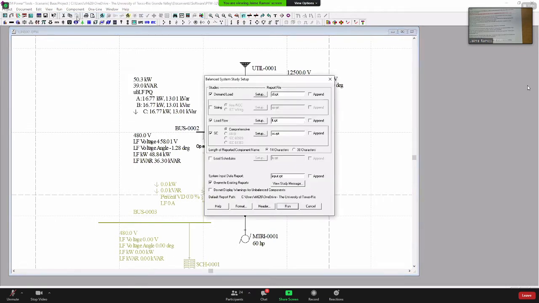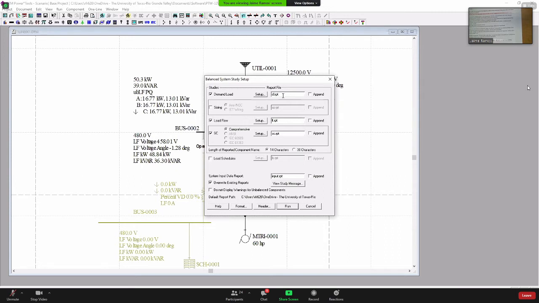Okay, so then we have this dialog box. And then I have clicked on, we want to see demand load, we want to see load flow, and we want to see short circuit. And then for each of these, there is going to be a report generated in the current directory that we are using in your computer.